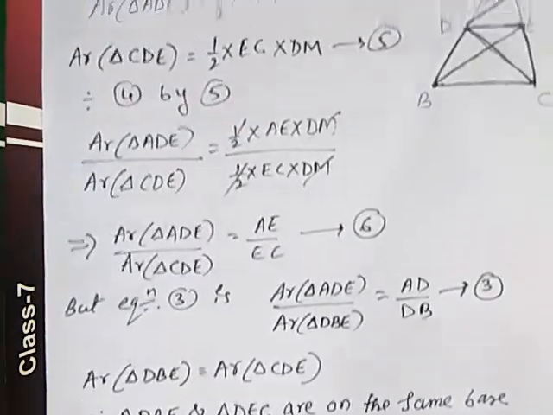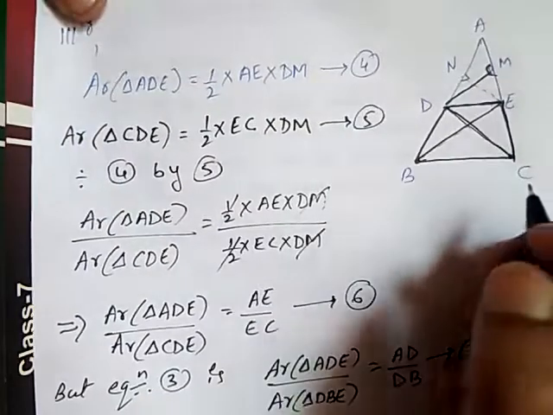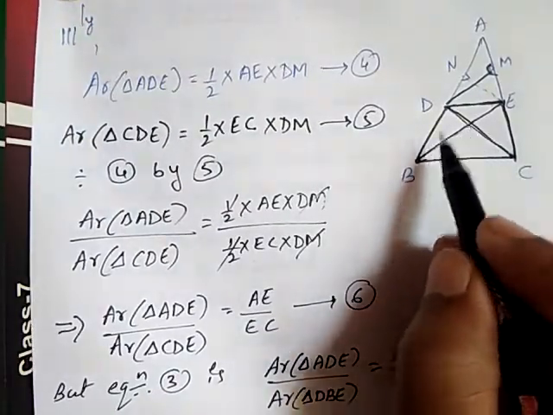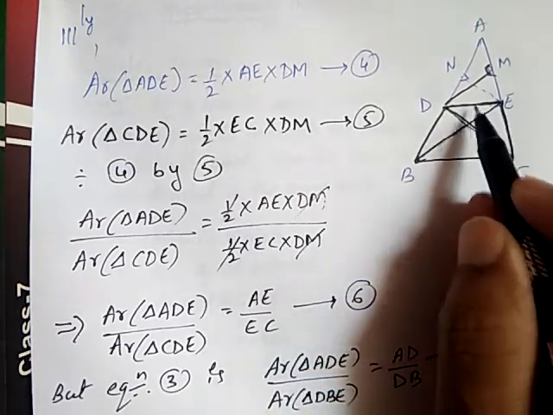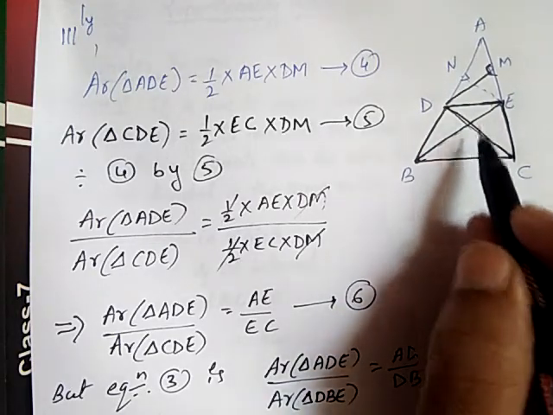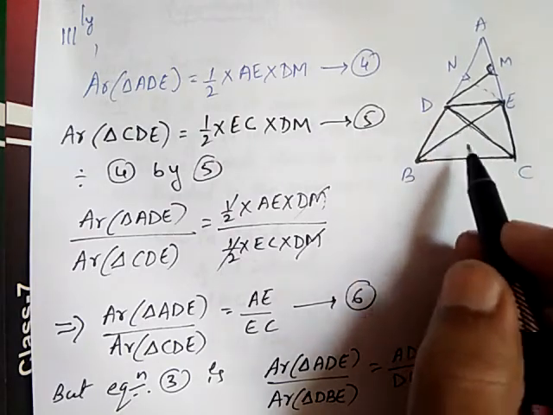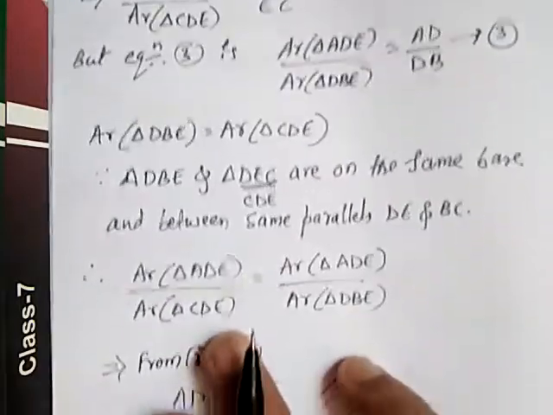One thing you have to remember: to make both the triangle areas equal here, triangles DBE and CDE lie on the same base between two parallels. This is the theorem we studied in 9th standard. By this, the areas of both triangles are equal. That is the reason we have written that these two are equal.